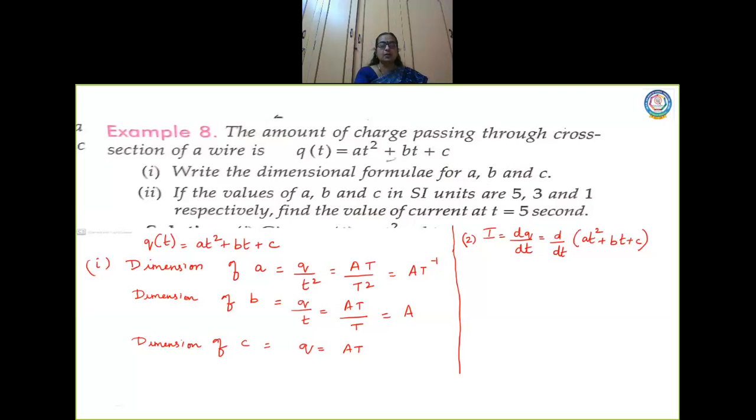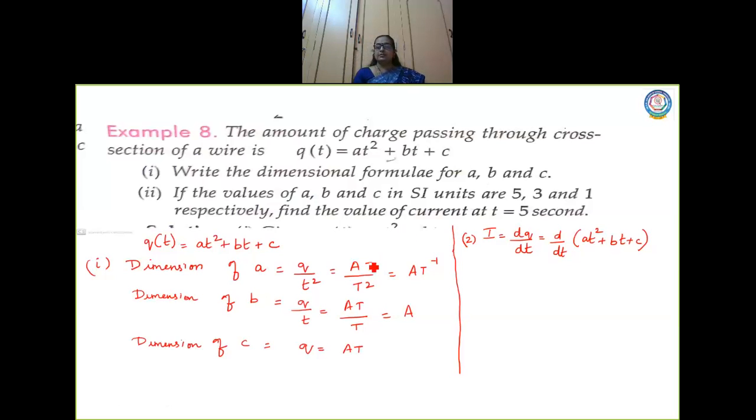That is why they have specified t is equal to 5 seconds. Suppose the time had two values, t1 is equal to 3 seconds and t2 is equal to 5 seconds. In that case you would find the average value of current. But here it is instantaneous current. You have to understand it very clearly, children.